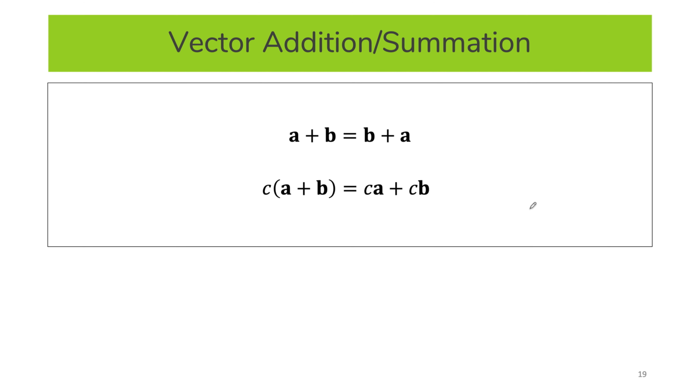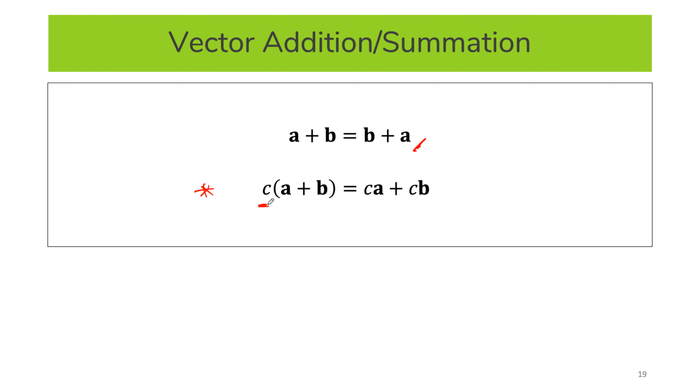Here are some vector identities for vector addition. We already know that A plus B is equal to B plus A. The second one that I'm showing you is essentially like this: you can scale A and B first before adding them, or you can add them first before scaling them.